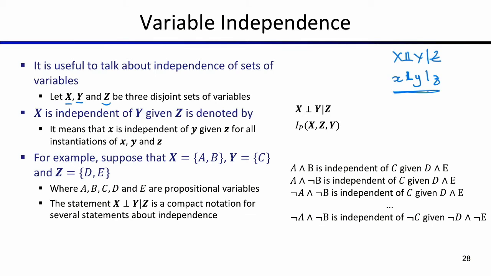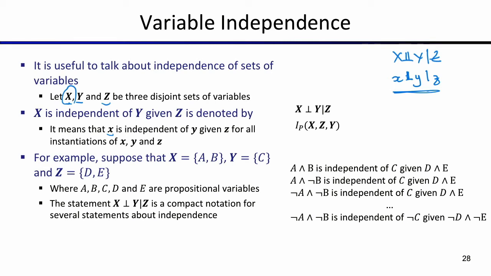So what we need to show is that for every possible instantiation, little x, notice again that I'm using little x in boldface because that's going to be a set of values of variables. So it's going to be all instantiations for the variables that belong to this set. These instantiations little x will be independent of the instantiations little y given little z for all possible combinations, right?